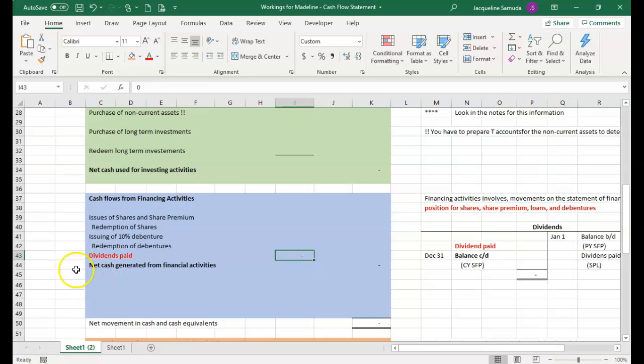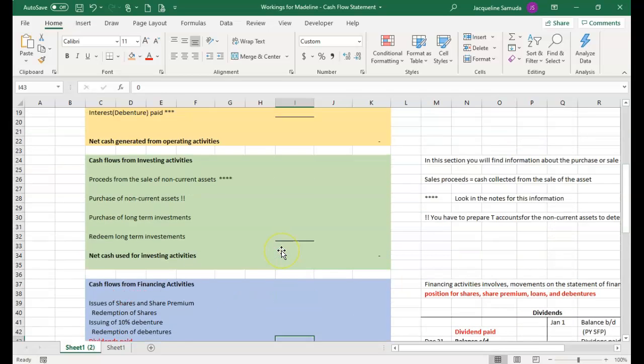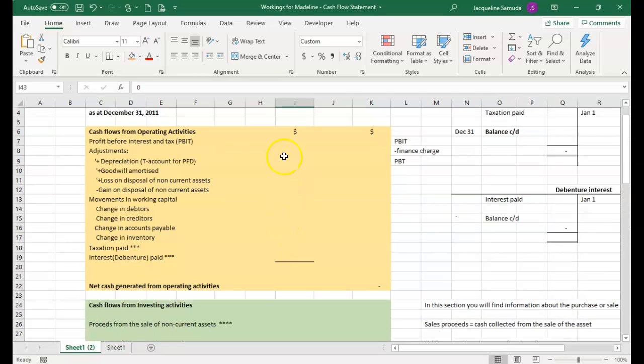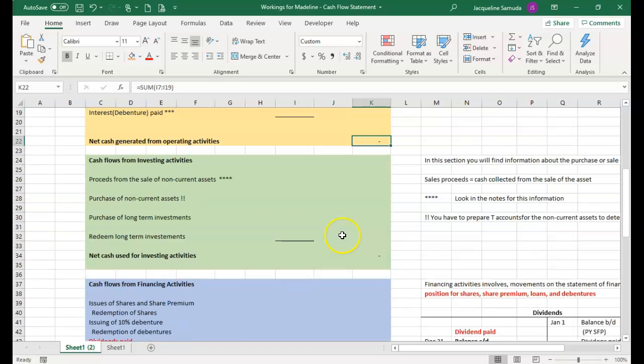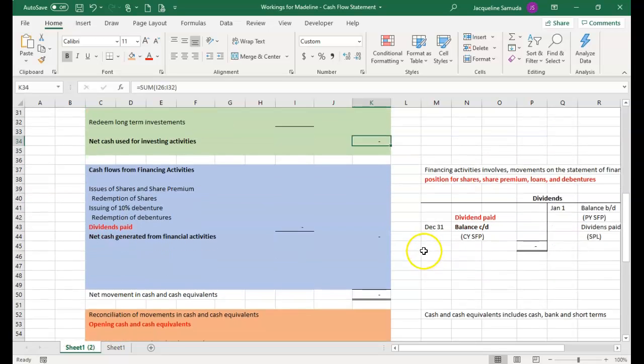Now, when we complete all three sections, we will list the line items in the inner column and give the subtotal in the outer column. So at the end of the creation of these first three sections, we will take the figures in the outer column, add them up, and we will end up with a line called net movement in cash and cash equivalents.